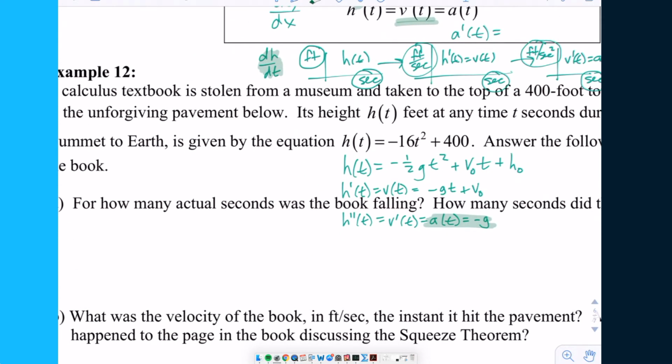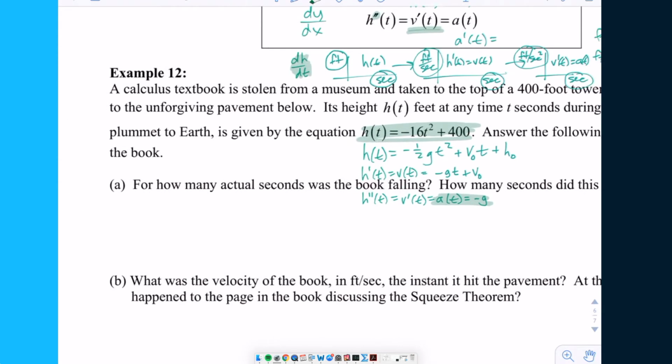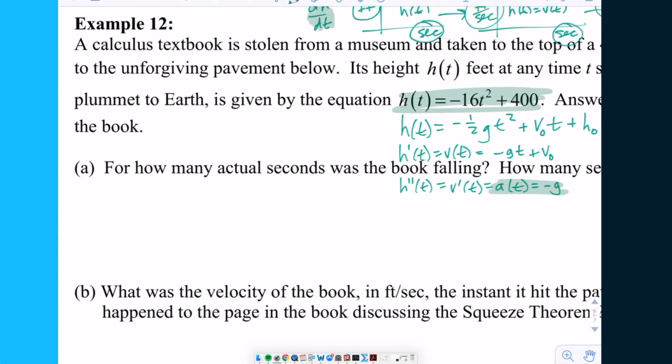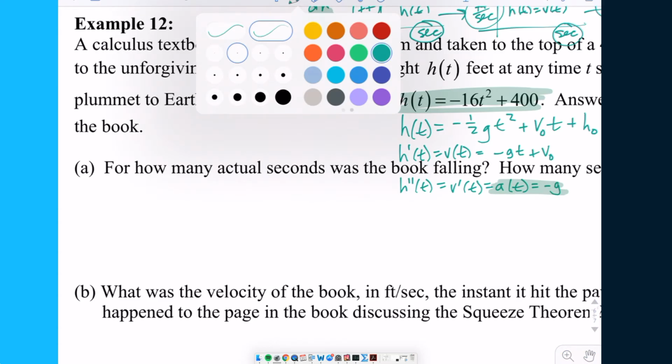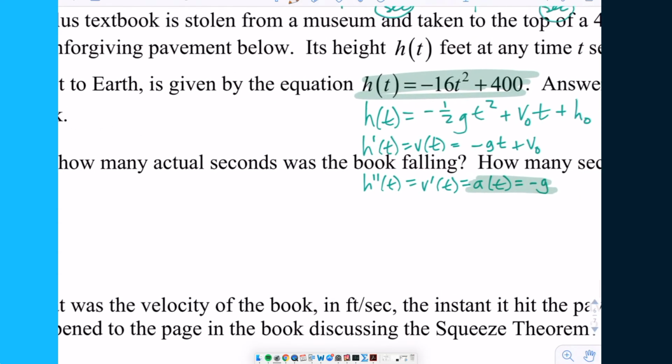So let's go ahead and look at our specific problem. For how many actual seconds was the book falling? How are we going to do that? Solve for t? I want to know how long it takes for the book's height to reach 0.